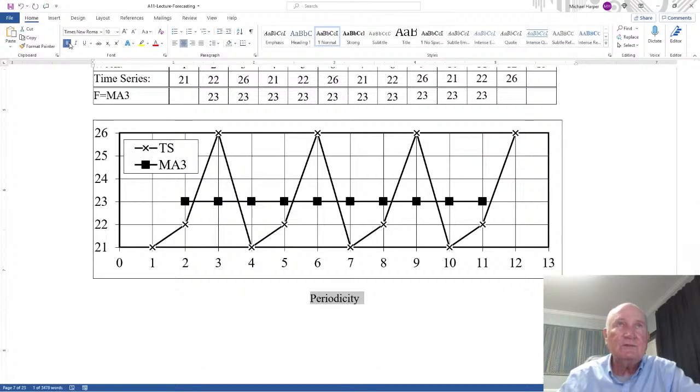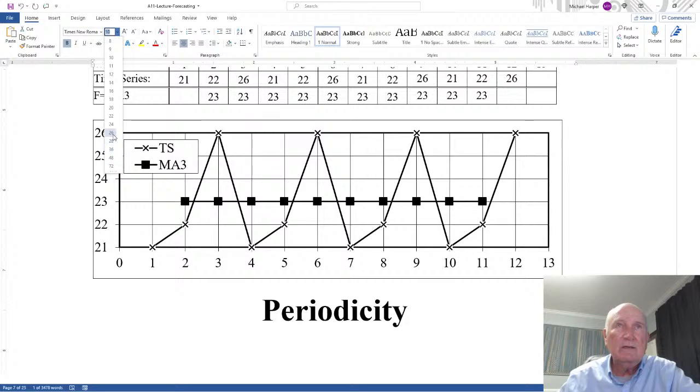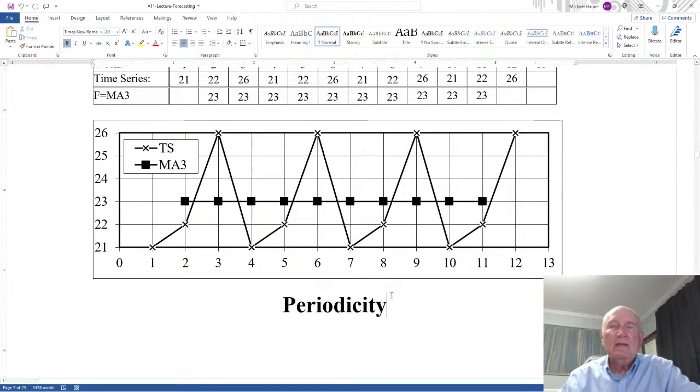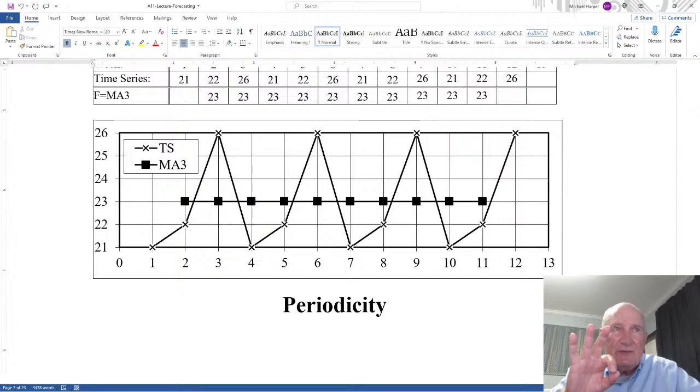So this cyclical component repeats every 3, and 3 becomes the periodicity of this cyclical component.